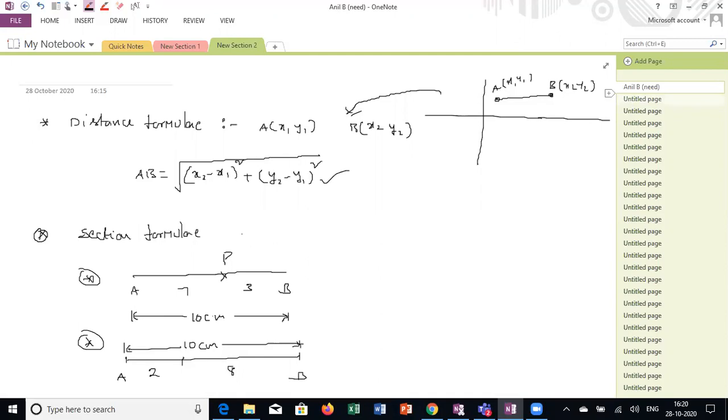We'll go on to a numerical. After that, we'll start the section formula. This section formula is like this only, but we are going only with formulae. But we will see what the meaning of the section formula is and how it looks practically.